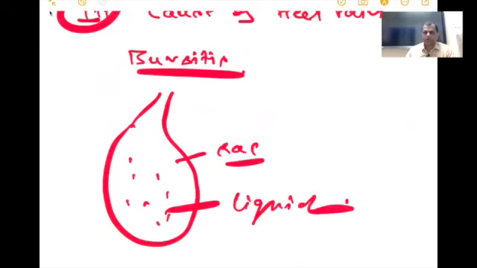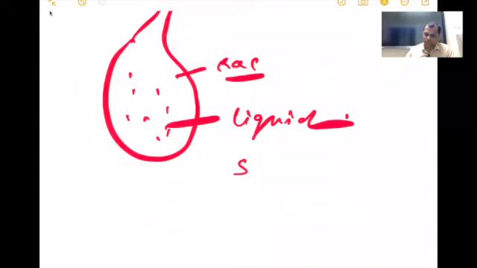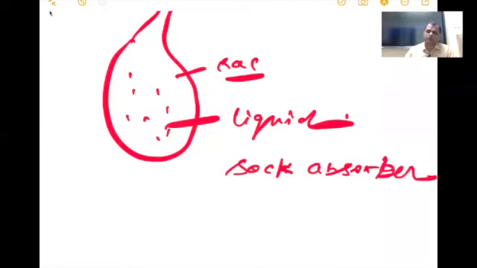Bursa is a liquid-filled sack. Bursa works like a shock absorber. The bursa is found in all the joints.